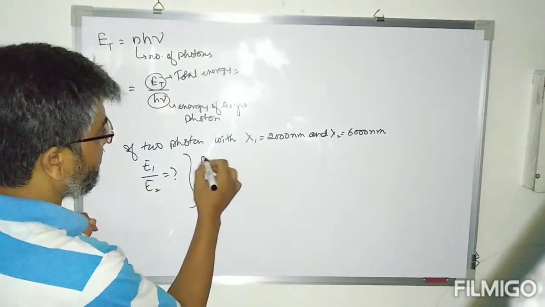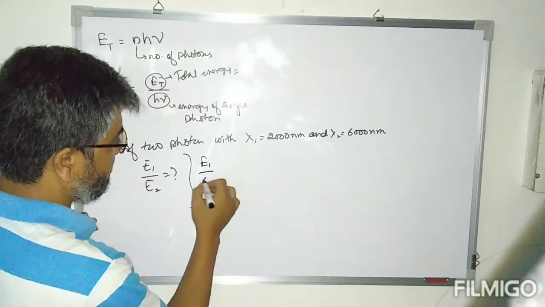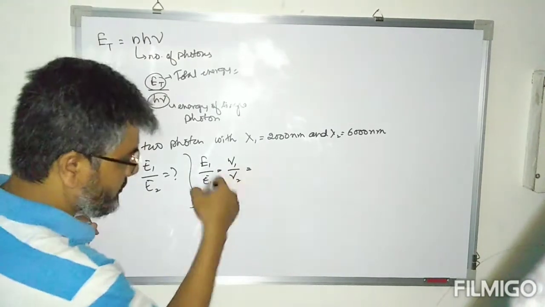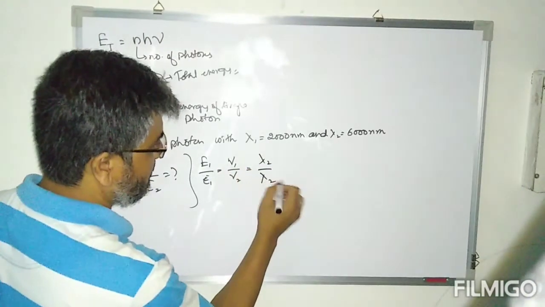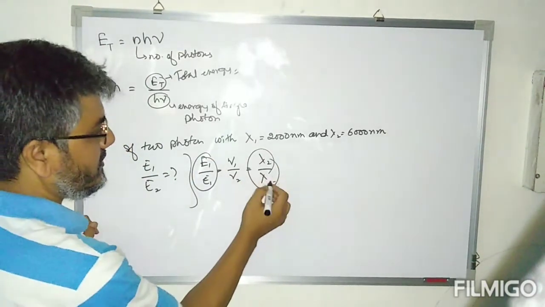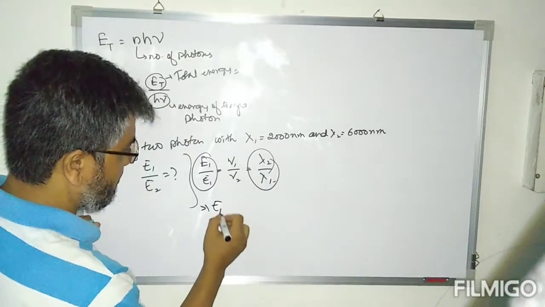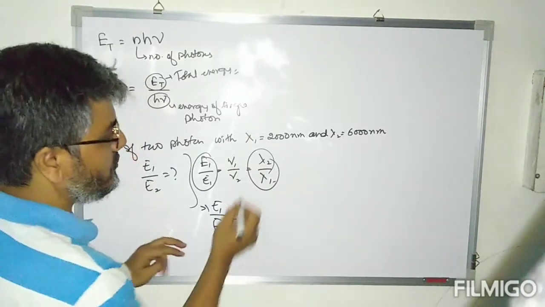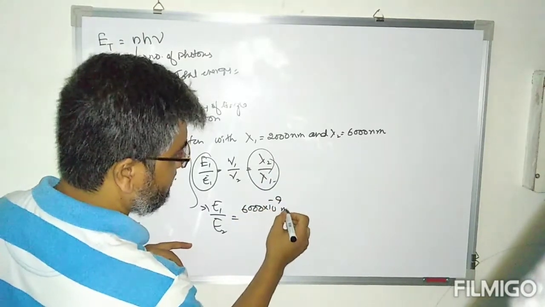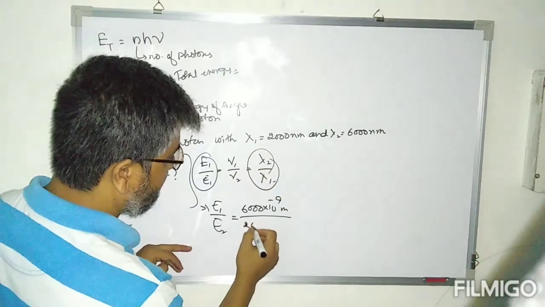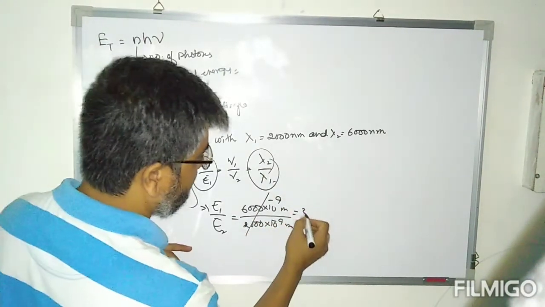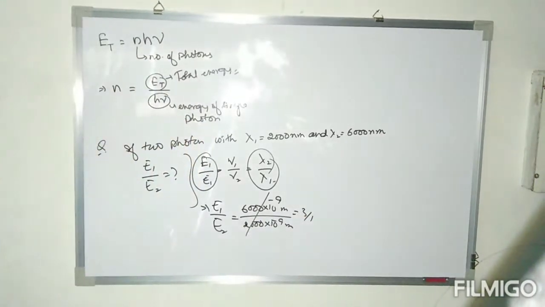Now I've just shown you the energy ratio is equal to frequency ratio, which is inversely related to wavelength ratio. So E1 by E2 is equal to lambda 2 by lambda 1, 6000 into 10 to the power minus 9 meter divided by 2000 into 10 to the power minus 9 meter. So this comes out to be 3 to 1.